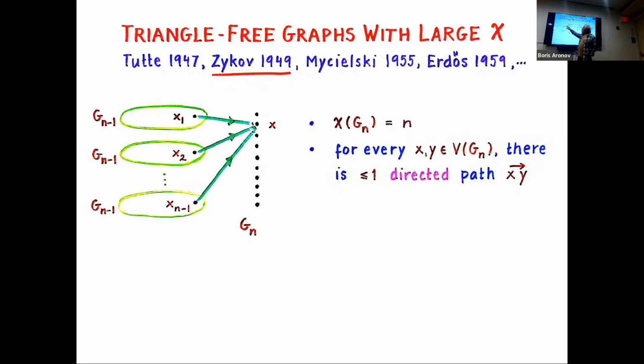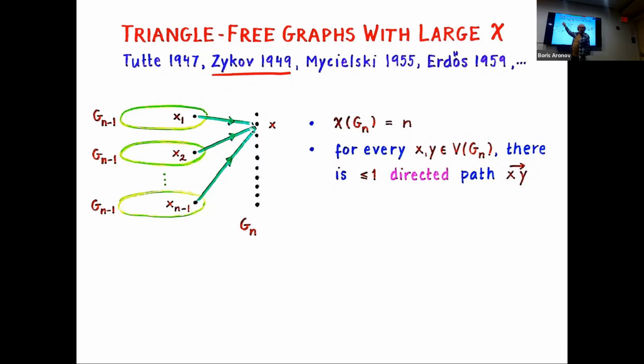Okay? So assume that we have already defined an (n-1)-chromatic graph, Gn-1, which is triangle-free. Then we take n-1 copies of this graph, disjoint copies. Now the chromatic number of this graph is n-1. It means that if we color it with n-1 colors, then we have at least one vertex of each color, right?